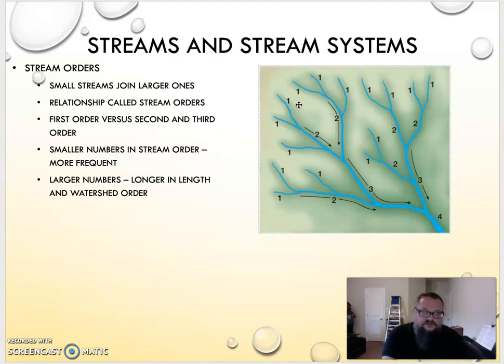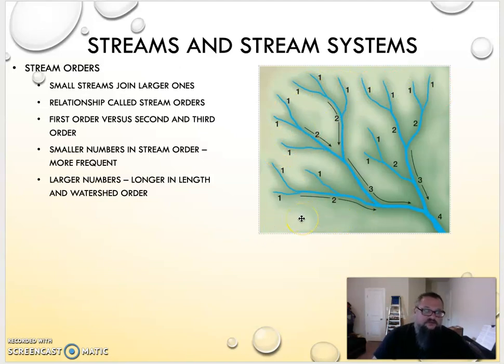As the order of the stream gets larger, the number of those streams in the watershed becomes fewer, but those streams become larger and larger and larger. So on this watershed here, there's only one fourth order stream, but this fourth order stream is much, much, much bigger in terms of how much water it's transporting than any of these first order streams or second order streams.